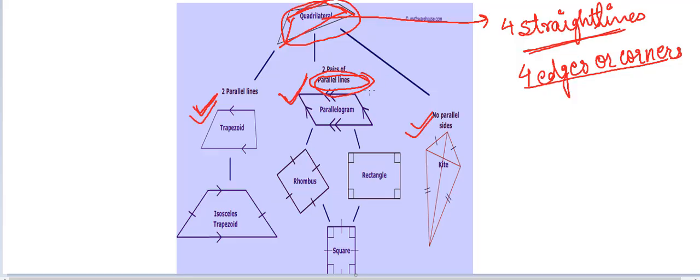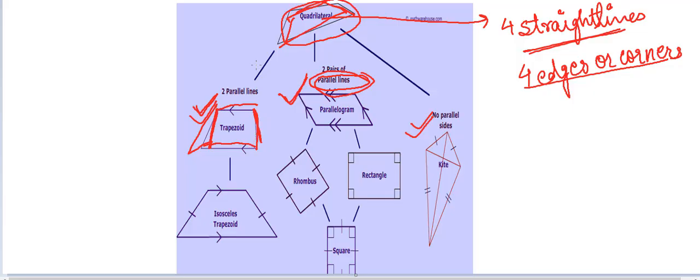As we studied earlier, parallel lines are those which never meet with each other. Example, a railway track. For a trapezoidal figure, we have two parallel lines, this one and this one, which are far apart with some distance. It can be like this one, or any of the shapes.